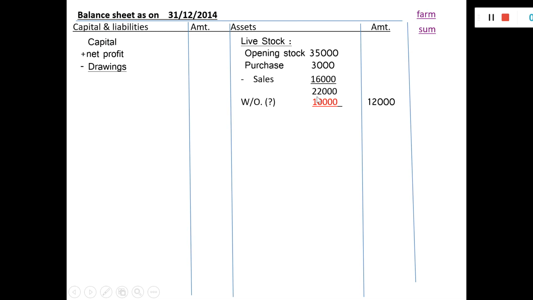Friends, 22,000 minus 12,000. So the remaining amount, rupees 10,000, will be a return of amount regarding the livestock. So the amount of 10,000, the second effect will be given in the debit side of the farm accounts, rupees 10,000. Go to the sum again.